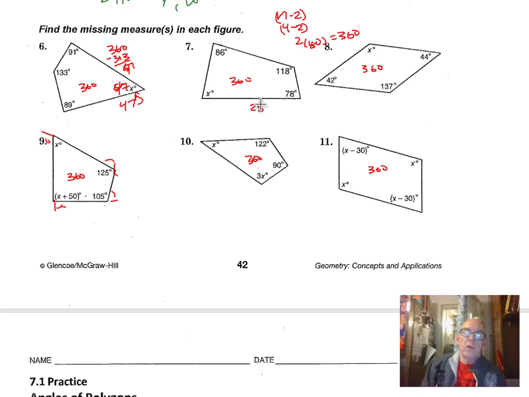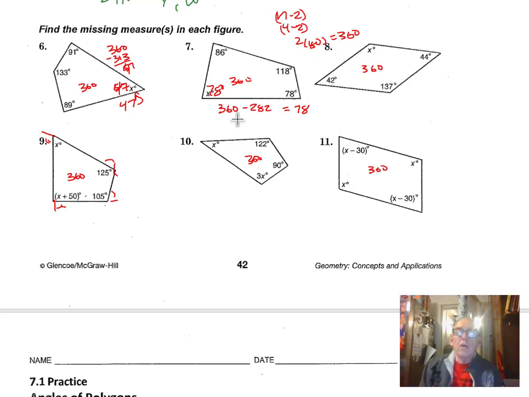So we have 282 subtracted from 360. That's going to be just under 80 degrees. I think it's going to be 78 degrees. So x should be 78 degrees. And then these should add up to be the 360.